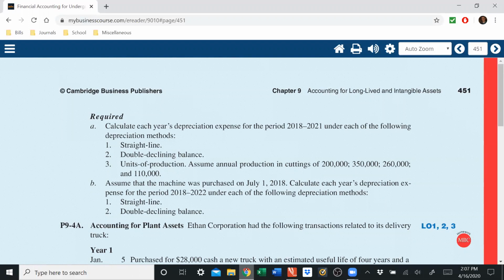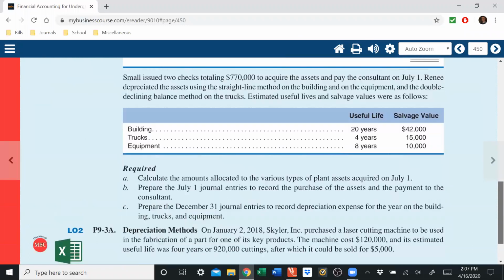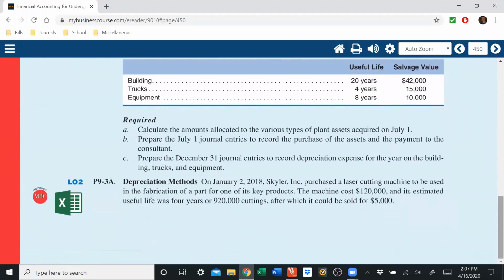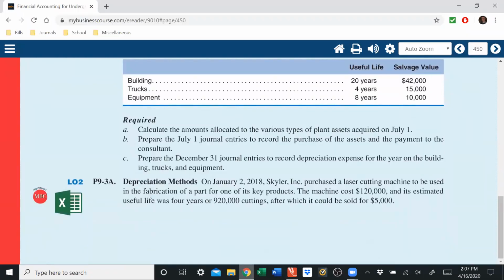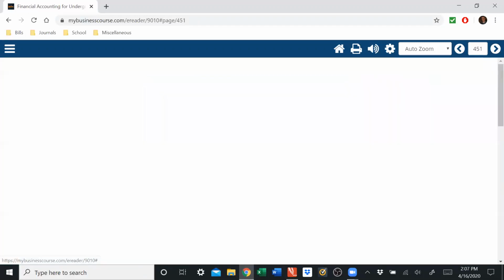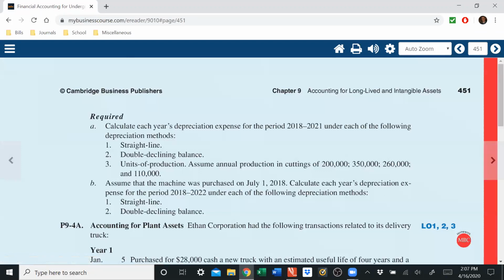Well, I guess we can do it because it says assume the machine was purchased July 1st, 2018, instead of at the beginning of January 2018. Fine. All that this is going to test is, can you do half-year depreciation? So we'll go and look at it.